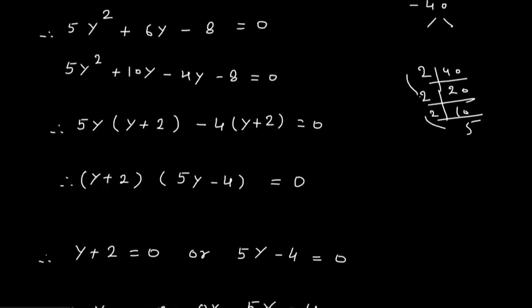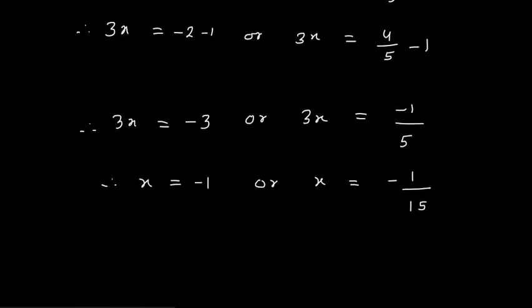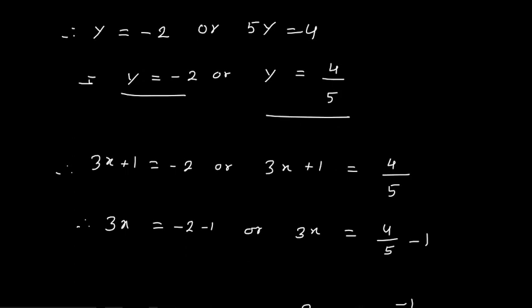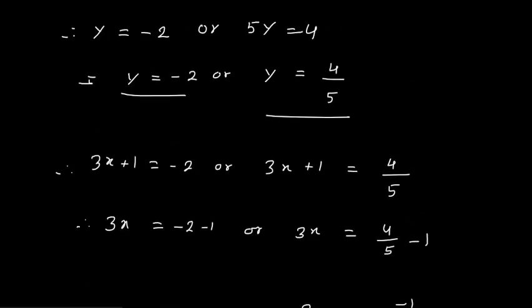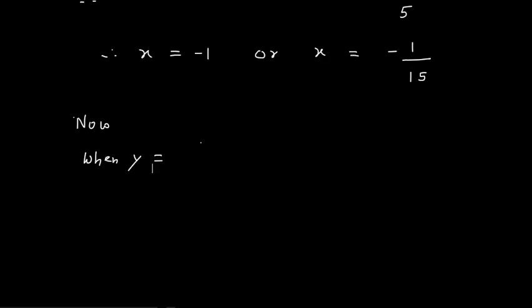Right, this is the 19th problem. We got the value of x. Now this value we get when we take y equals minus 2. I have one more value. When y is the other value we got, 4 upon 5, we say that 3x plus 1 equals 4 upon 5.